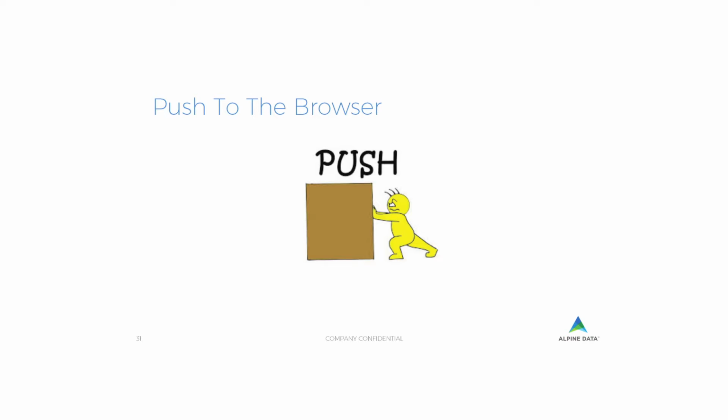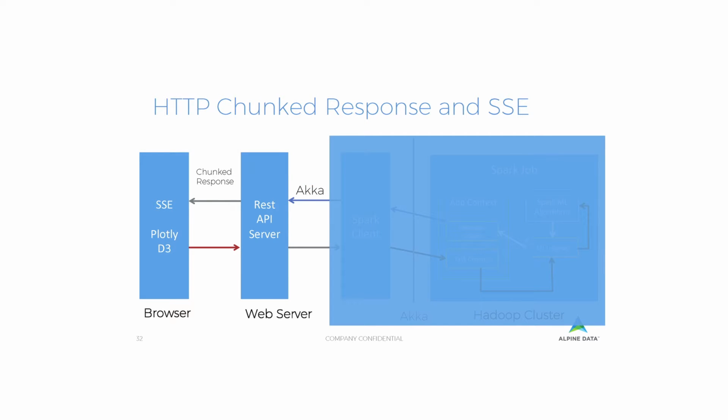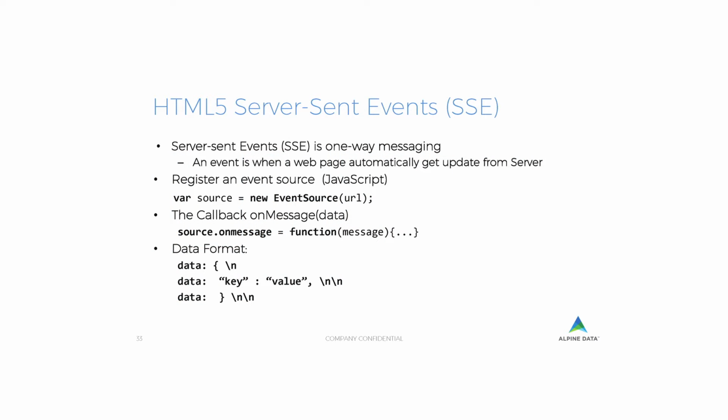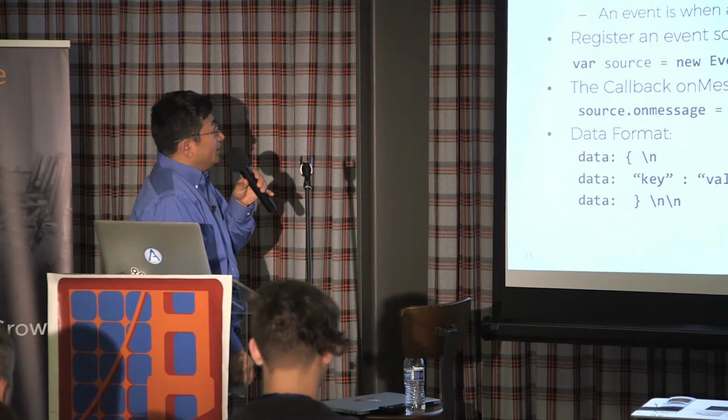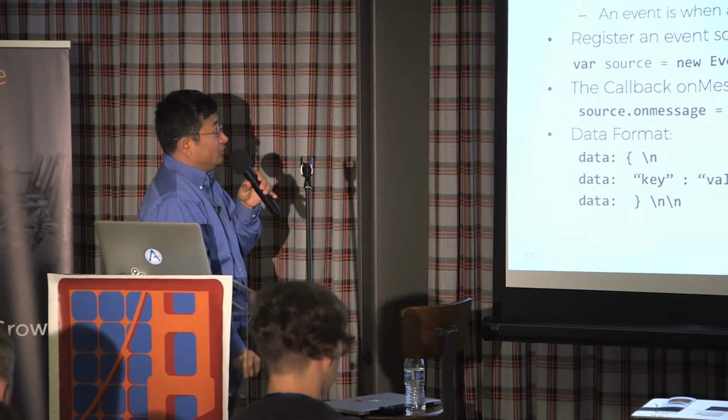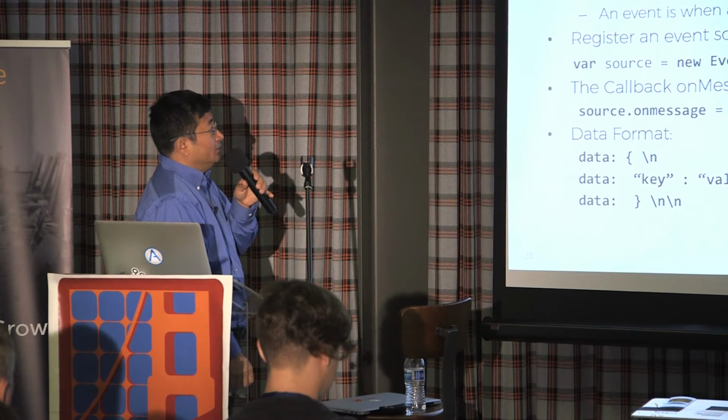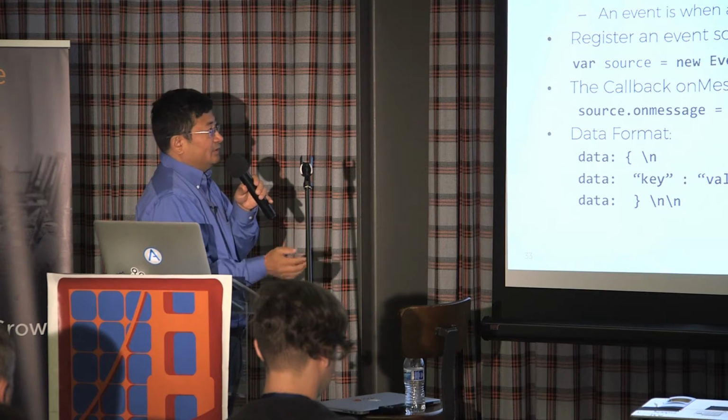The third part is how do we push the data to the browser? Again, we're sending an Akka message here. We're using HTML5 server-sent events, SSE, which is one-way messaging. You can register this event source through the URL on the JavaScript side, and there's a callback where on message you pass whatever function.